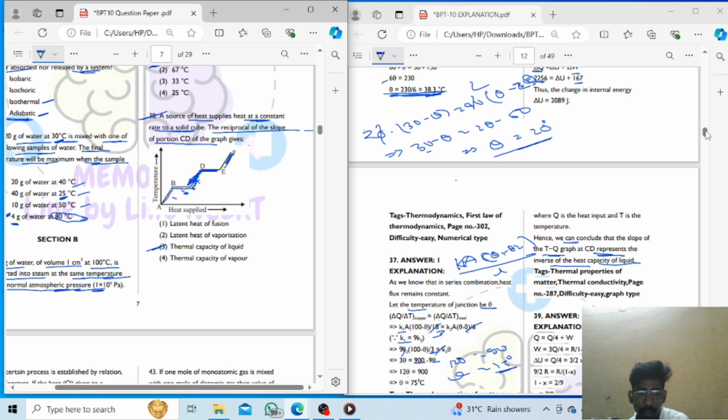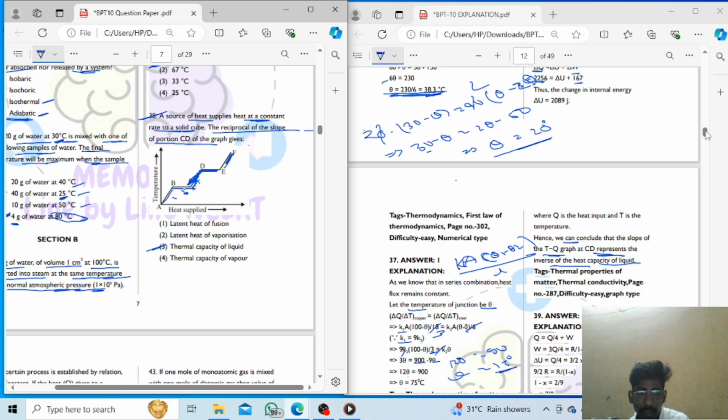Question number 13. A certain gas is used at constant heat Q; the value of x is? This is the first law of thermodynamics, which says that dQ equals dU plus dW. The internal energy change dU equals Q by 4.